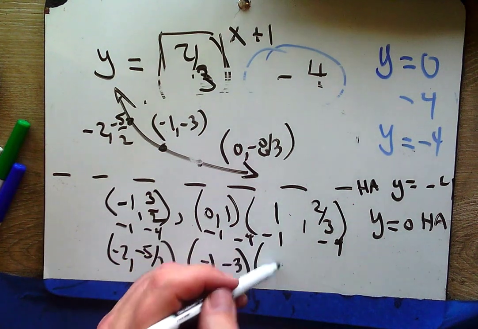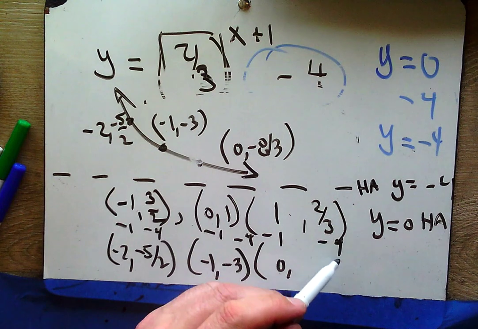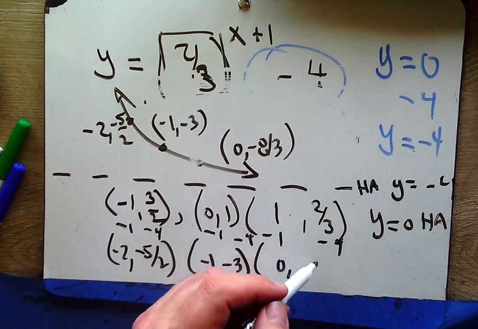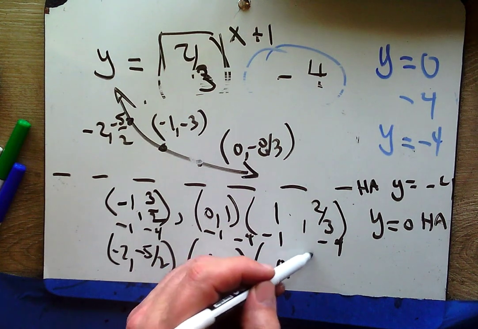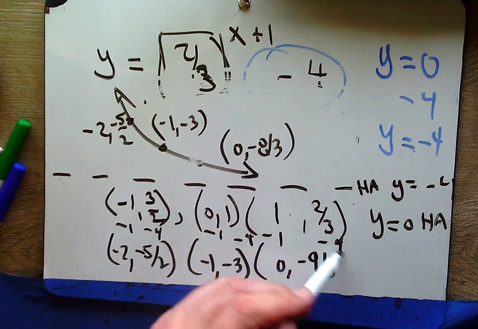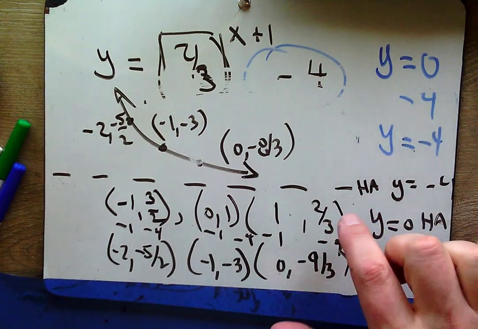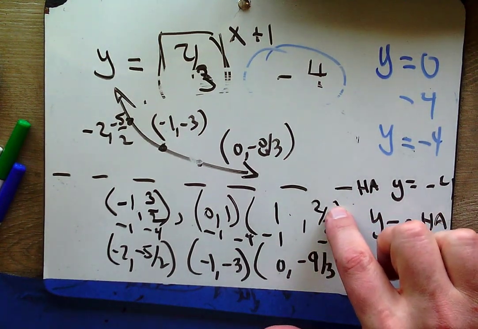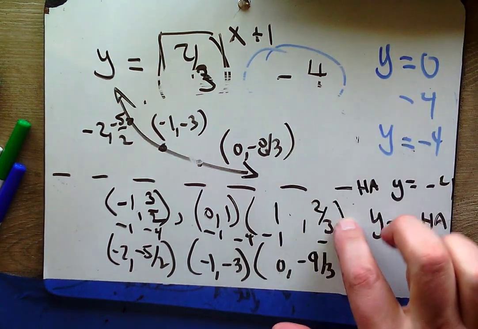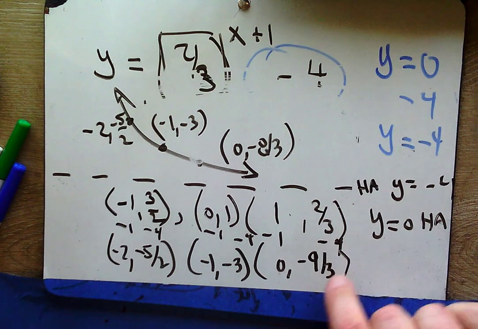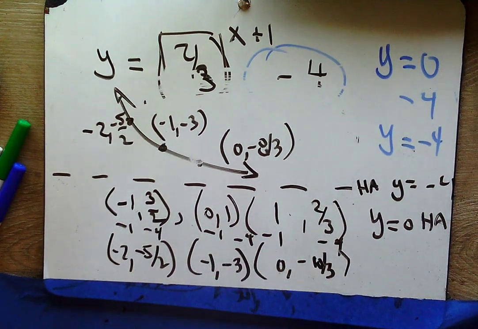And then here, 0, 3 thirds minus 12 thirds is negative 9 thirds, I believe. Let's just check. 2 thirds minus 4. 4 is the same as 12 thirds. 2 thirds minus 12 thirds. 2 minus 12 is negative 10 thirds.